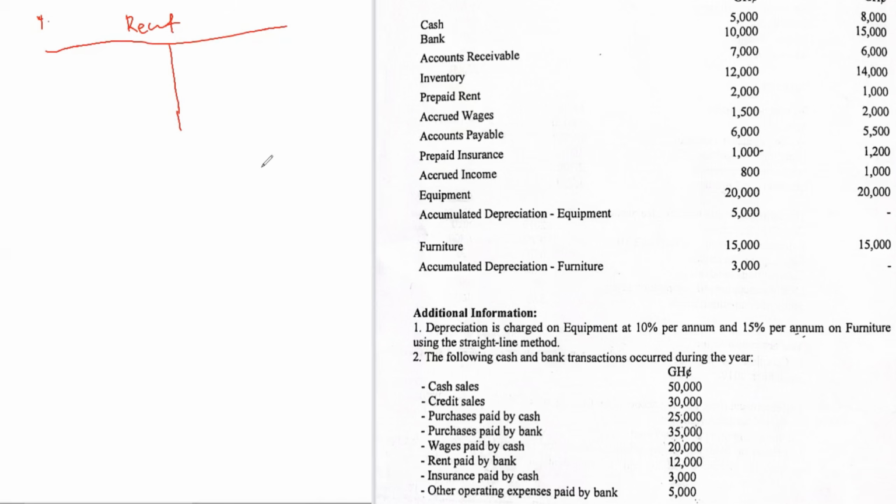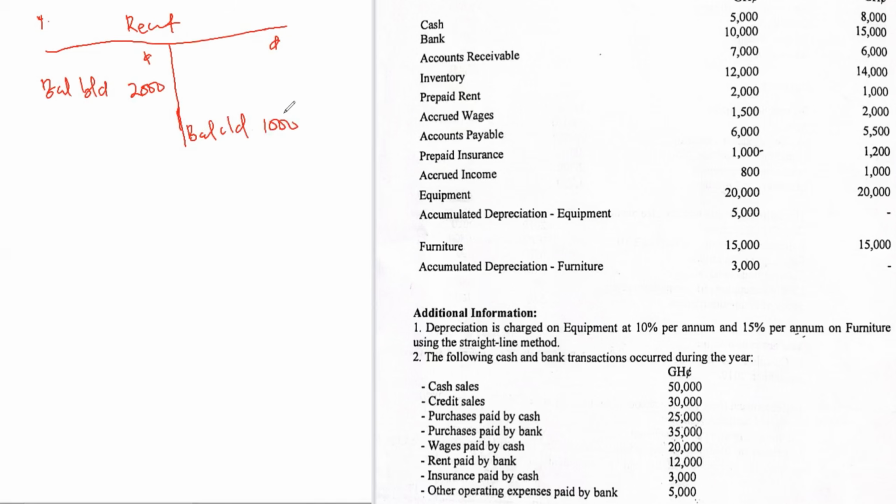So we record balance brought down, which is 2,000. And the closing balance, if the opening balance is on the debit side, then it means the closing balance will be on the credit side, which is also 1,000.